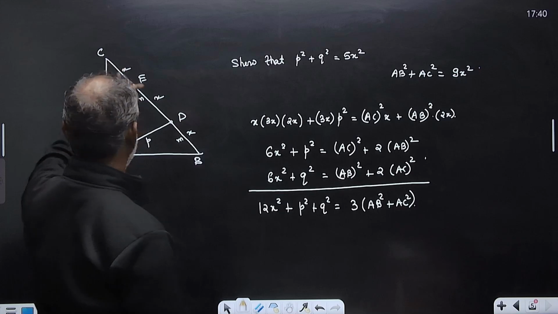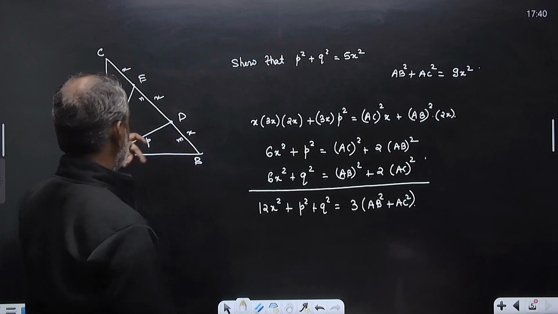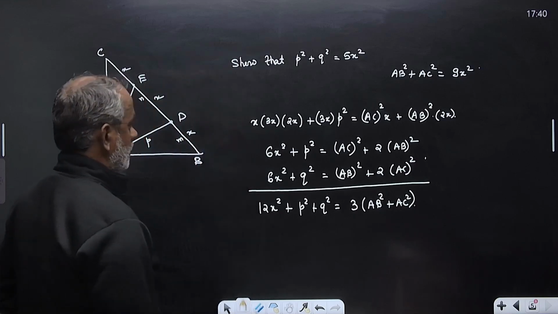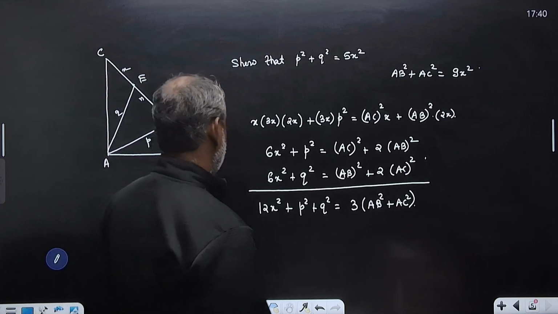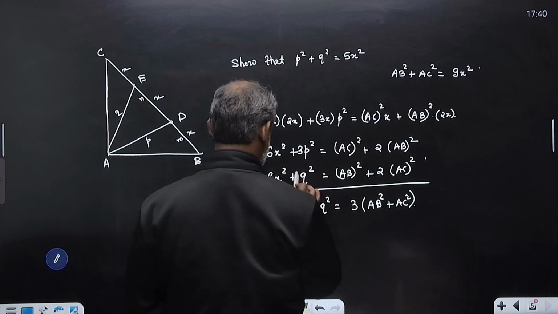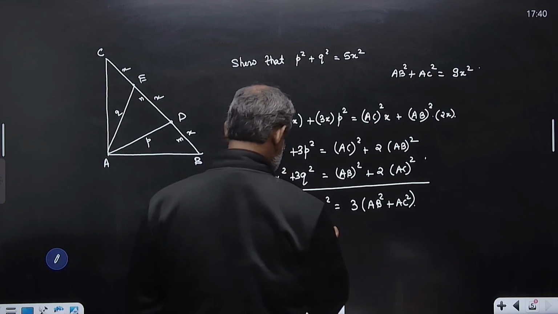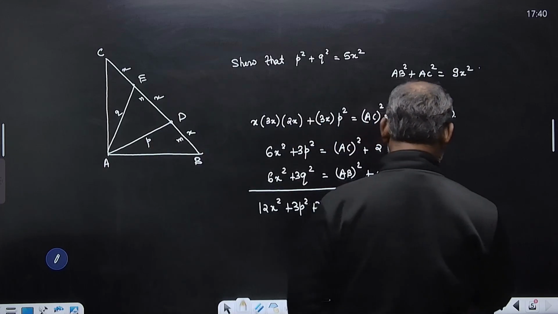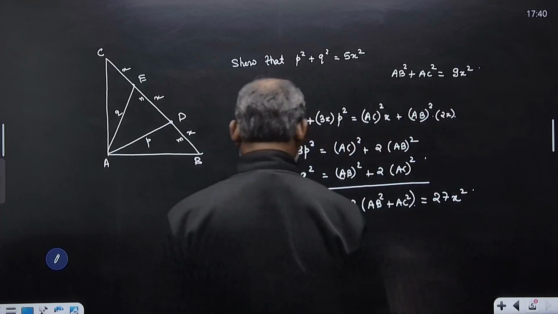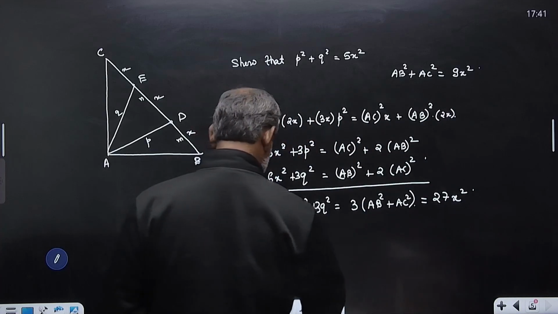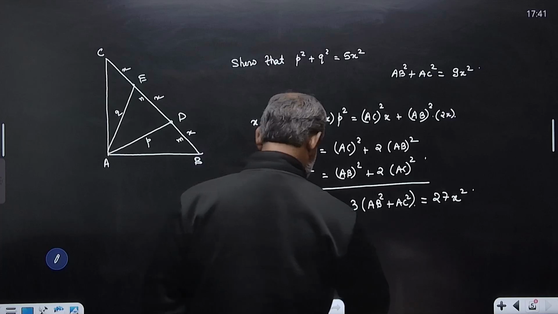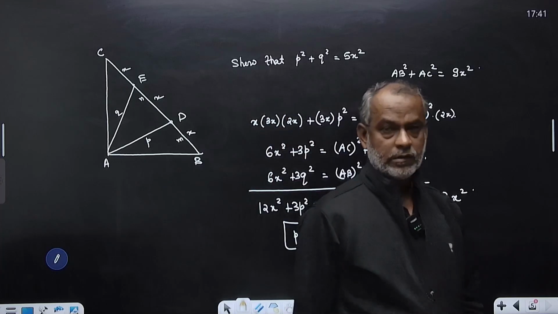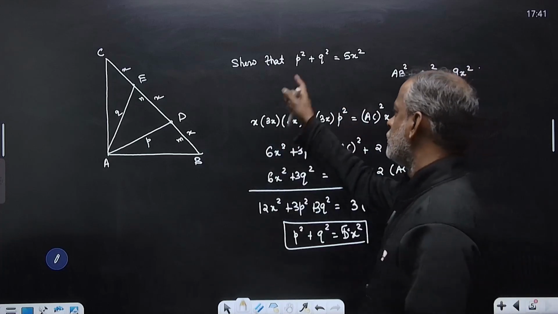Will it be 2x into x into 3x? Where did this 3? The 3 will also come here. Okay, so this is now 27x square. So p square is 5x square.